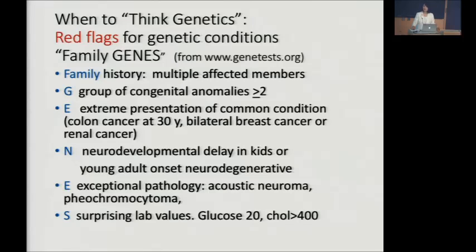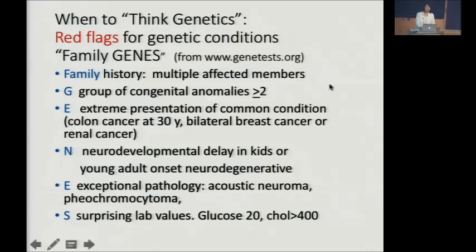So we say that 5 to 10% of breast cancer is strongly hereditary, and that means 95% is not strongly hereditary. But the ones that we see in the genetic clinic tend to have unusual presentations, such as breast cancer at very young ages, or bilateral breast cancer, or cancer that is in paired organs on both sides, like bilateral renal cancer.